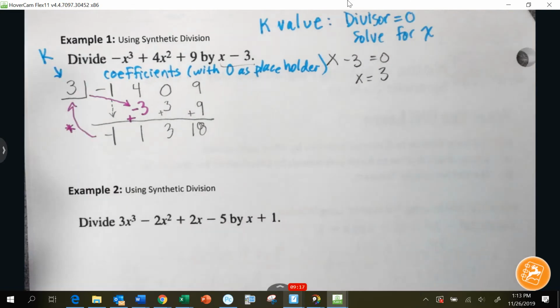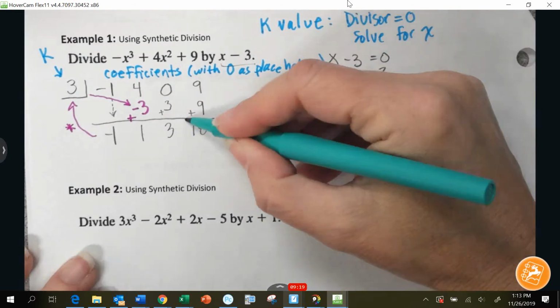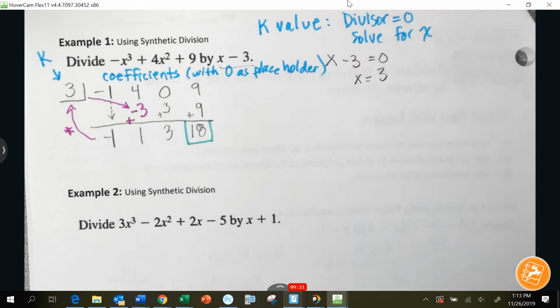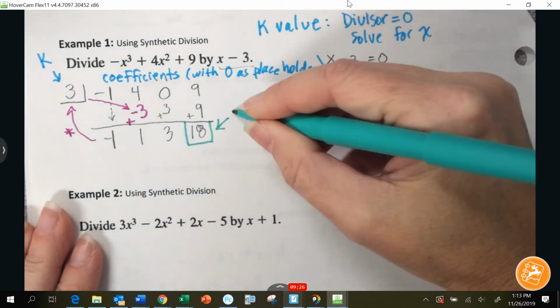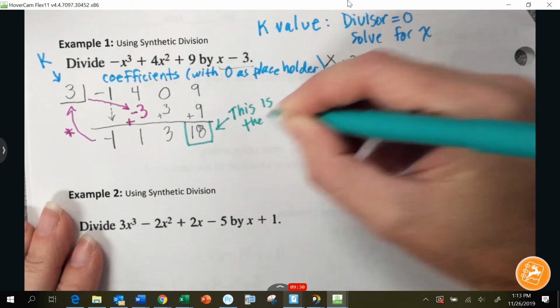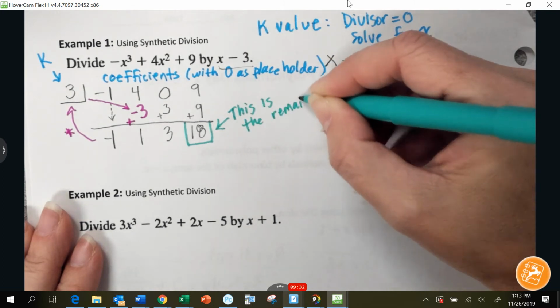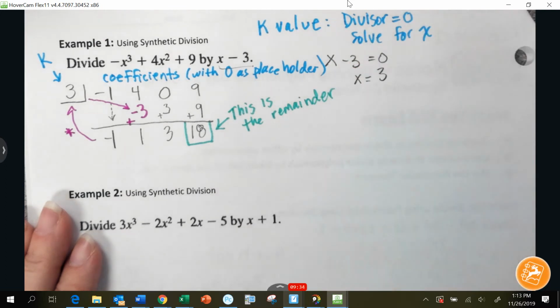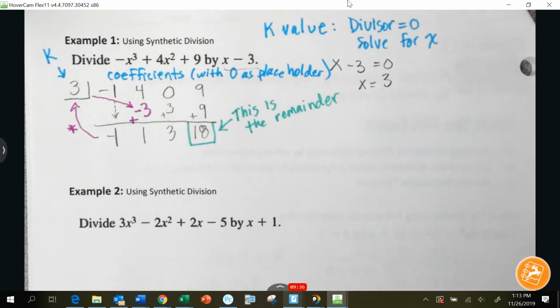Now what I'm going to do is I'm going to put a box around my last number. And I'm going to put a note there for you. This is the remainder. Okay, that's why I put a box around it, so that helps me remember this is the remainder.